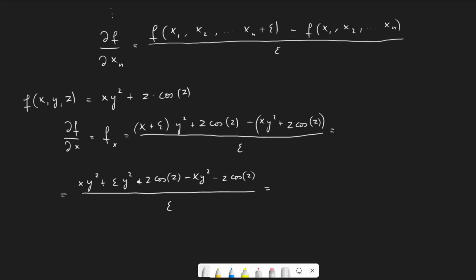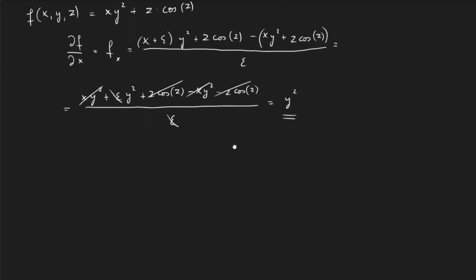And here, as we can see, this z times cosine z eliminates itself, and also the x times y squared as well. And as you can see, we can also simplify our fraction by epsilon, so we will have this y squared. So our partial derivative of f with respect to x will be y squared. And let's continue.